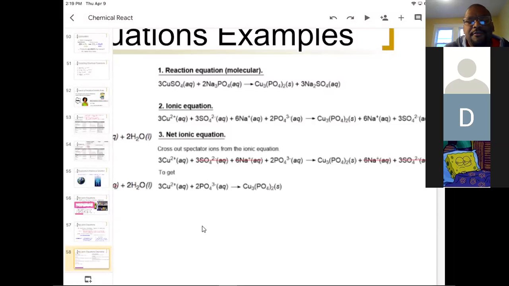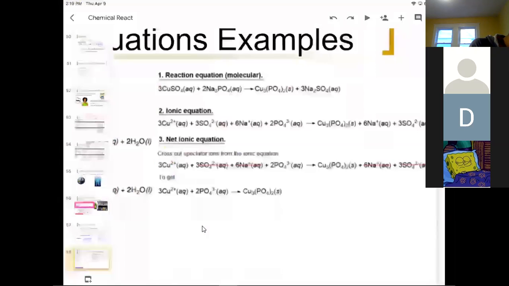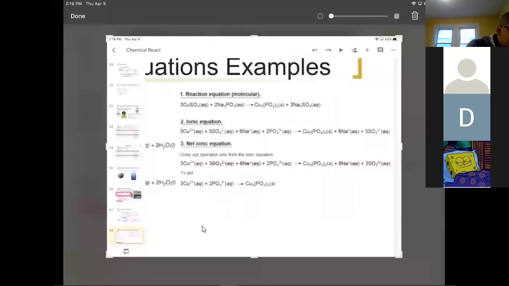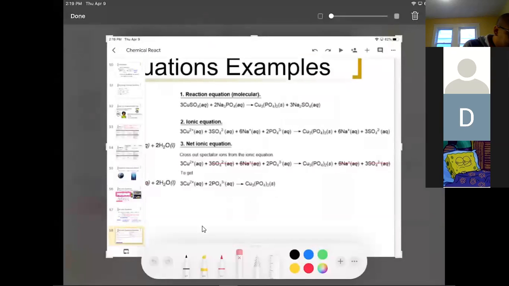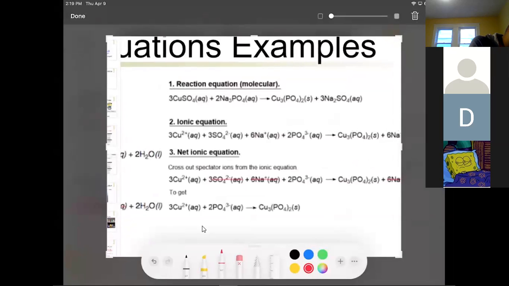This is the example with copper sulfate and sodium phosphate, and then they switch. Once again, it's extremely important that you make sure that you are putting the correct states.